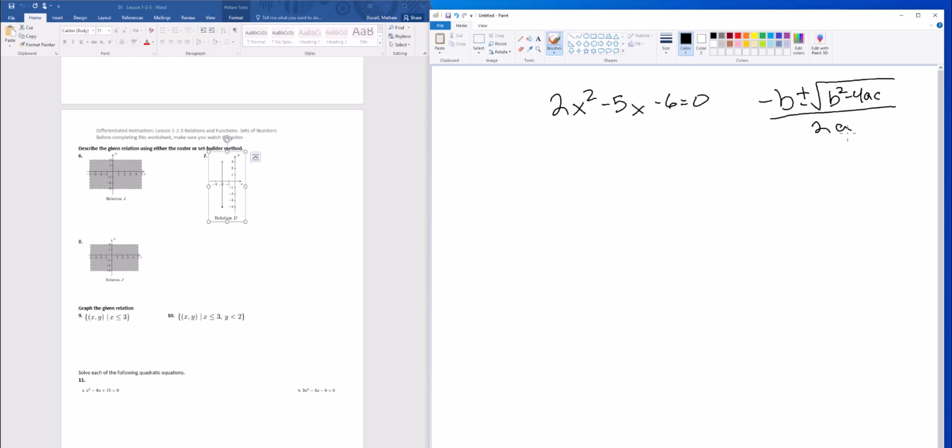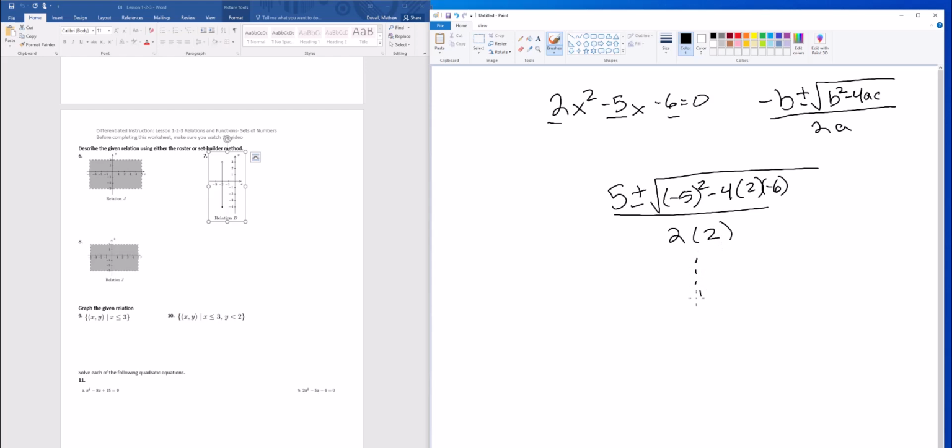We're going to plug those in. A, B, and C. Two times A. Now from there, you just need to simplify it.